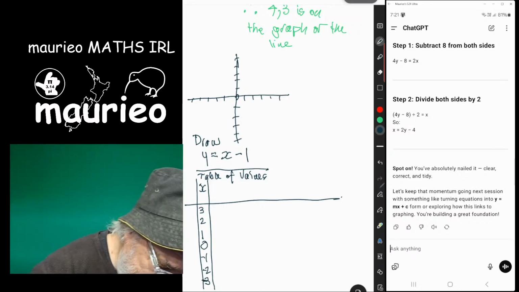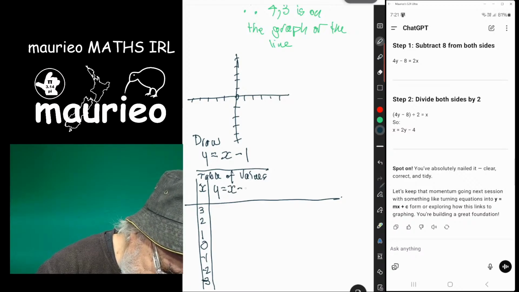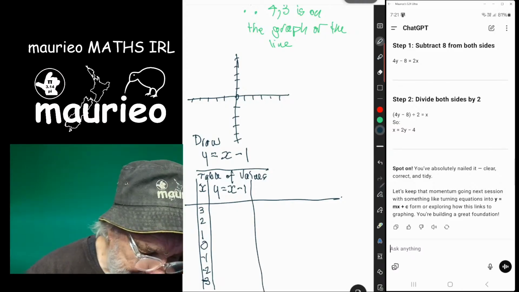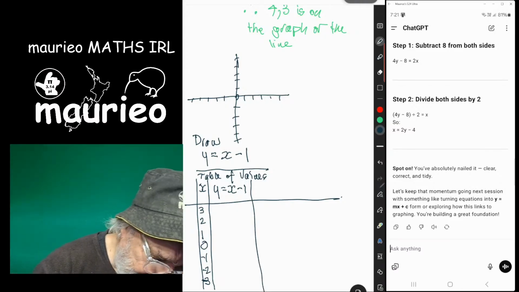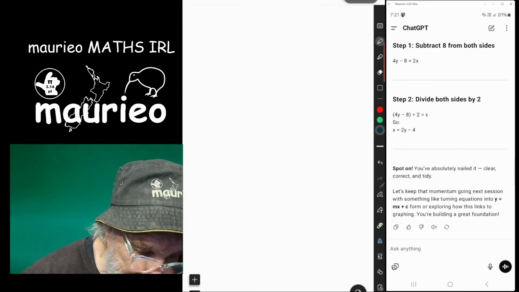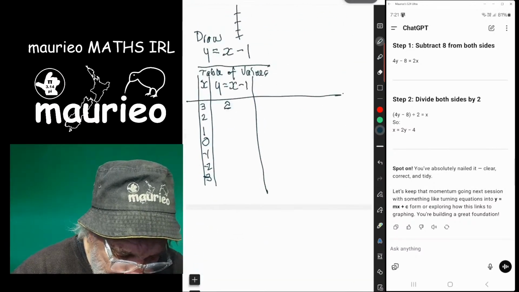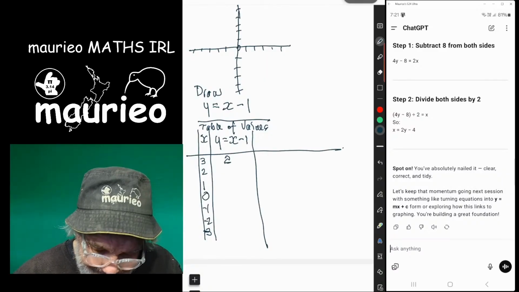So these are the x values. And then in here we can go y equals x minus 1. Okay, so 3 minus 1 is 2. I didn't lock that in.